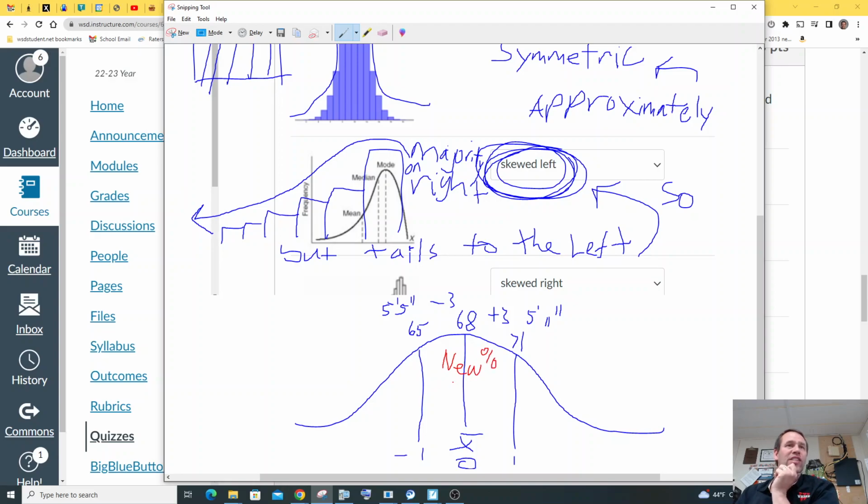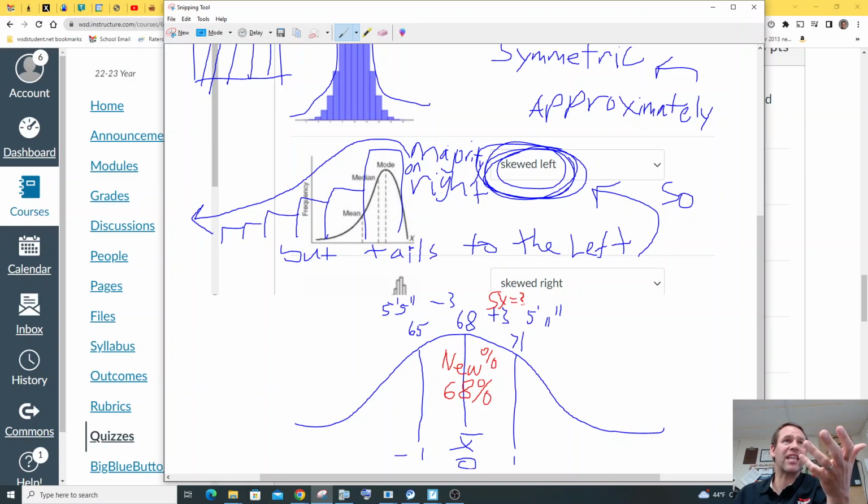Okay, so it turns out, according to our rule, 68, 95, 99.7. So that's the empirical rule. And so we would say 68%. So that means there's a 68% chance that the next person that walks in the room is going to be between 5'5" and 5'11", if our average height was 68 inches and our standard deviation equals 3.